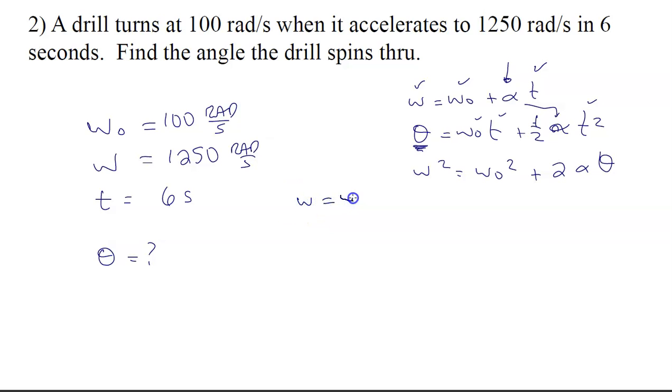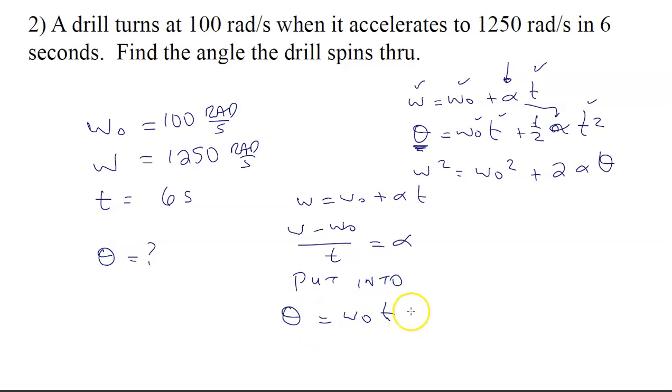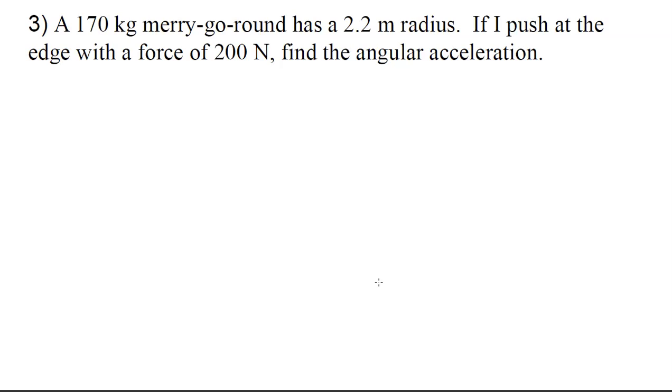First half of this, you'd have to go get alpha, like that, and then you could put it into theta. Kind of 2 steps going on there, but that should be fine. All right, the numbers are there. You can do that. Here's number 3.